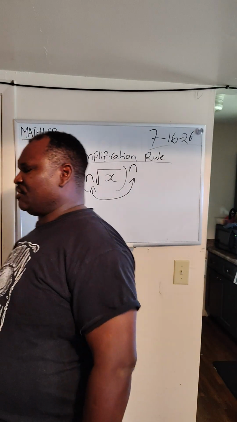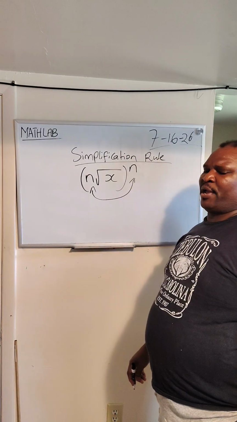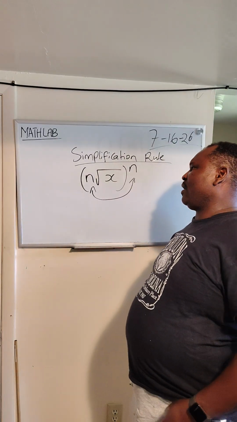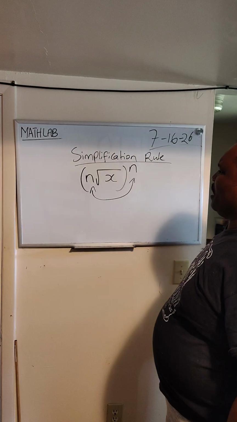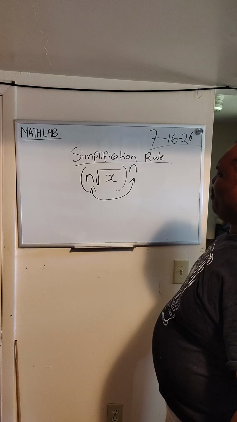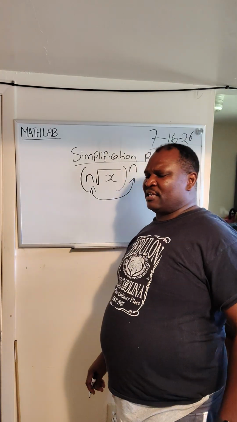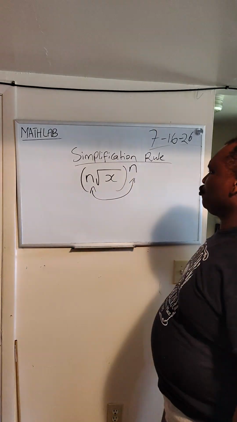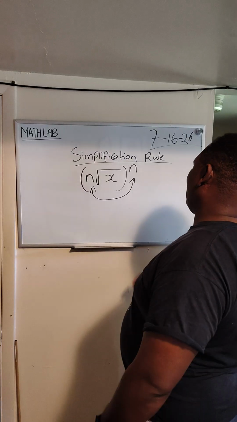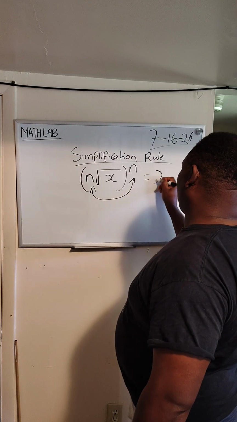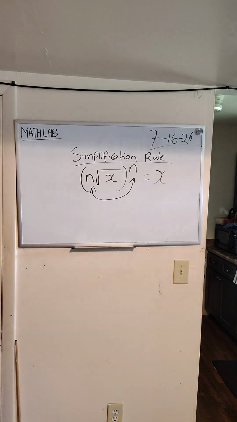Because there is a bracket. Whenever there's a bracket, we have to find a way of doing away with it. We have to simplify it, hence the simplification rule. So now this n will cancel with this n, and we're going to remain with x.